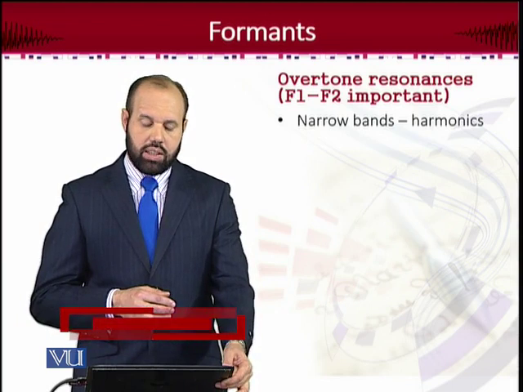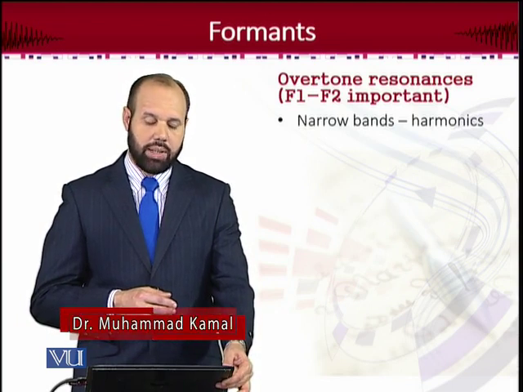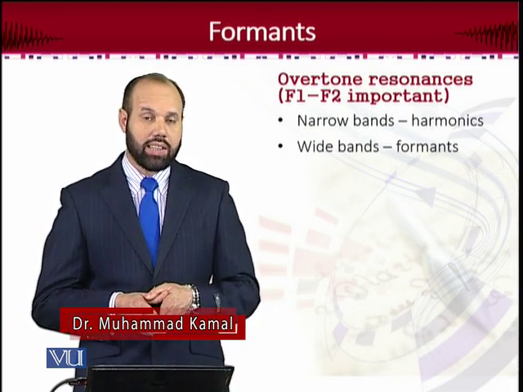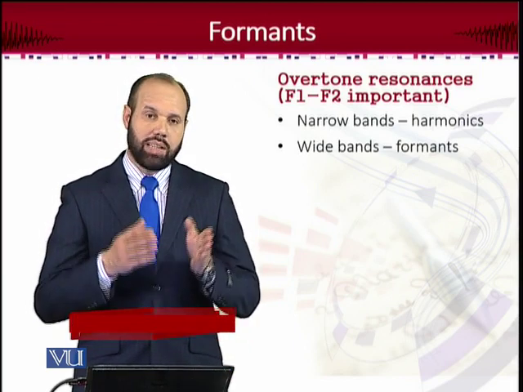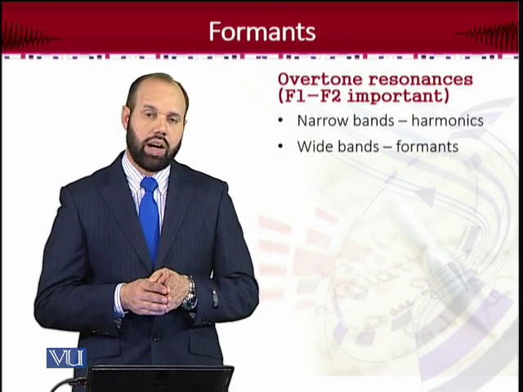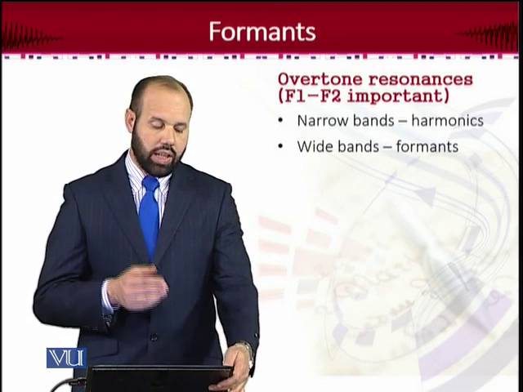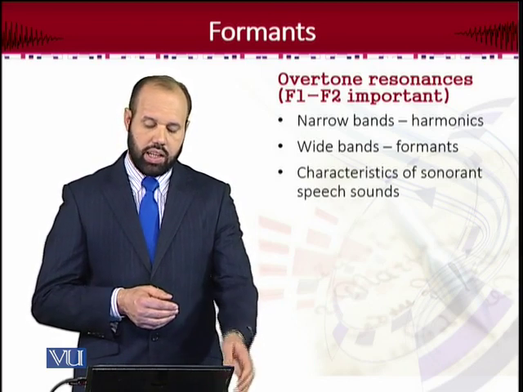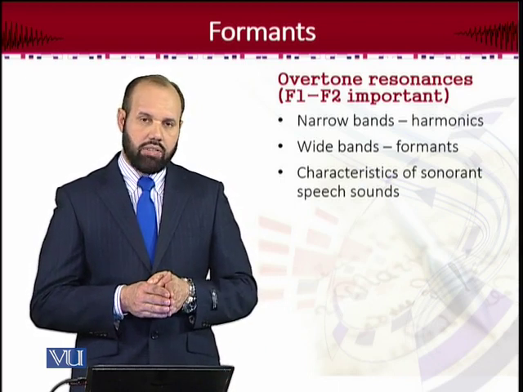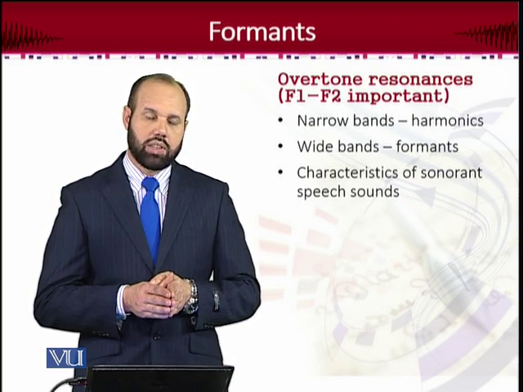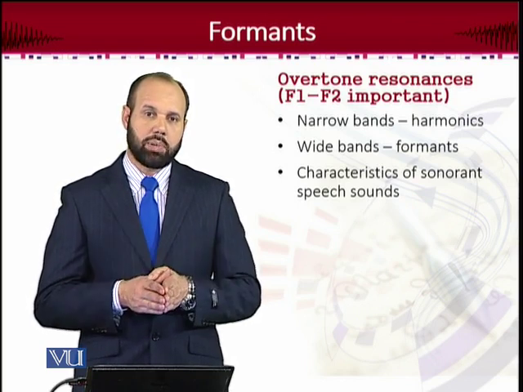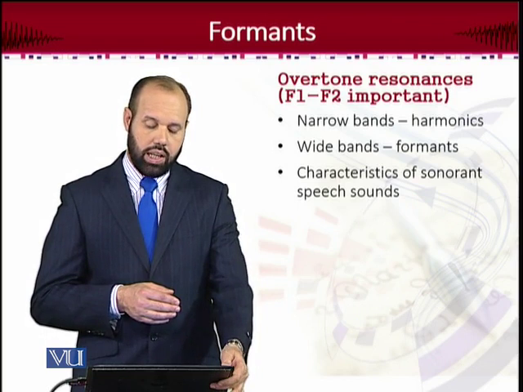We know that the narrow band of the spectrogram is required for measuring harmonics. On the other hand, the wide band of the spectrogram is required for measuring formants, right? So that's the difference between harmonics and formants. And formants are the characteristics of sonorant speech sounds, and sonorous speech sounds are vowels, okay?